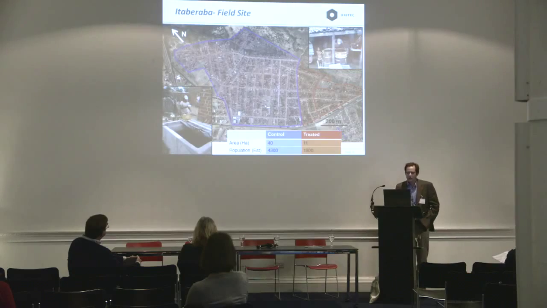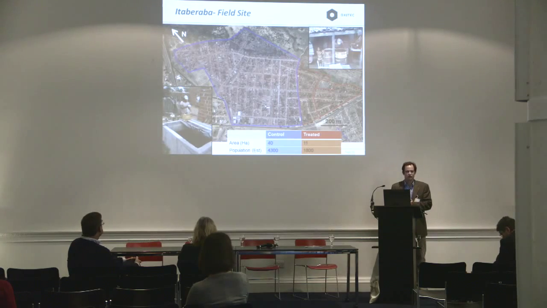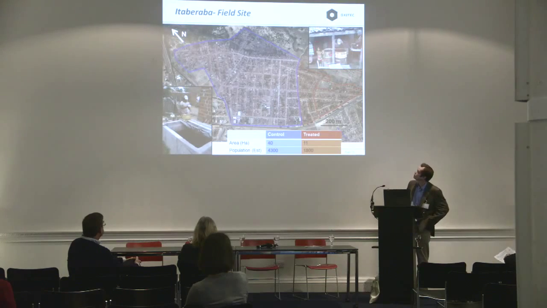So the first of the studies is going to be in Itaberaba, which is a suburb of the city of Juazeiro. Now, when we first went to Juazeiro and talked to public health people, they said, if you want to find mosquitoes, you go to this place. It's the worst of the worst in Juazeiro. So it's a very densely populated area, relatively poor, not very good water supply, so people have to rely on stored water.